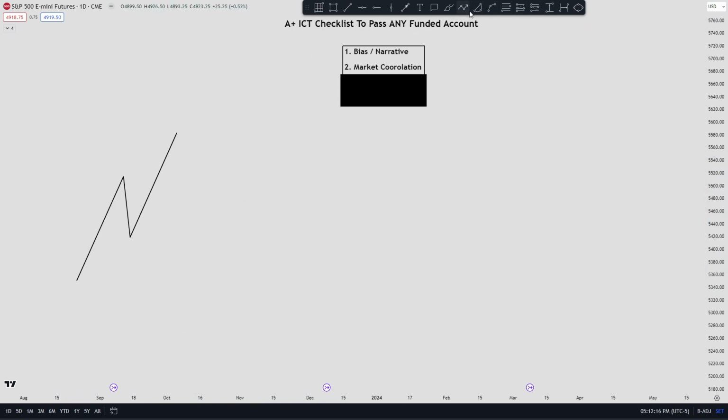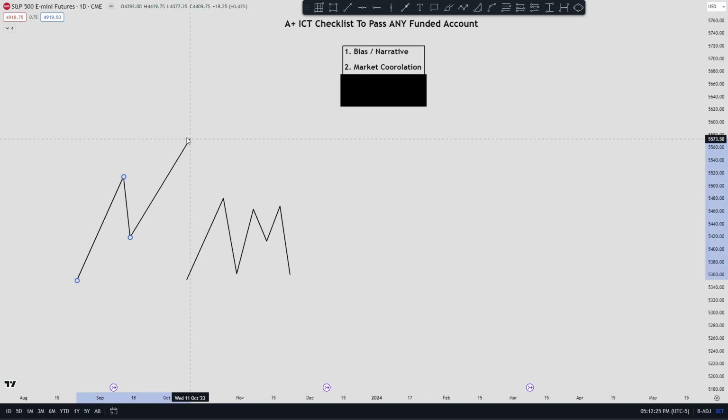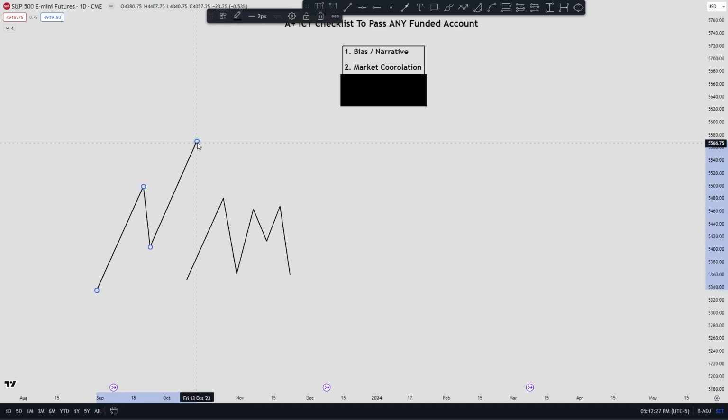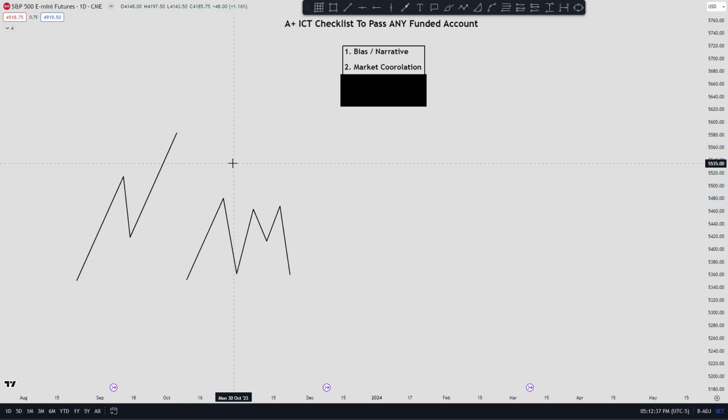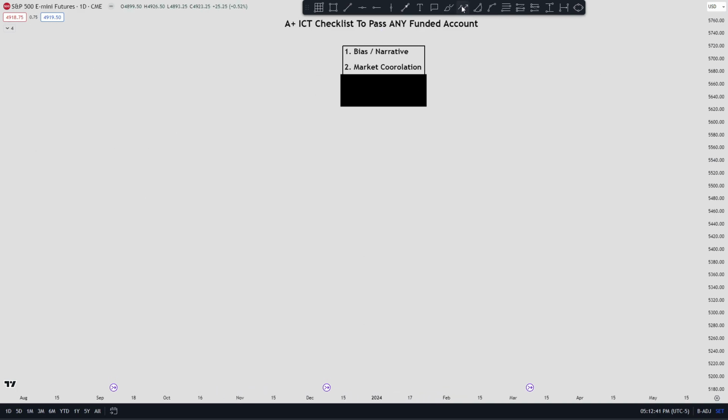If GU is going higher and the dollar is, let's say, just consolidating or not really wanting to move, you typically don't want to trade GU because it's going to start messing around and trading like this. It's going to be a lot harder to trade when the market it's correlated to is not showing respect.